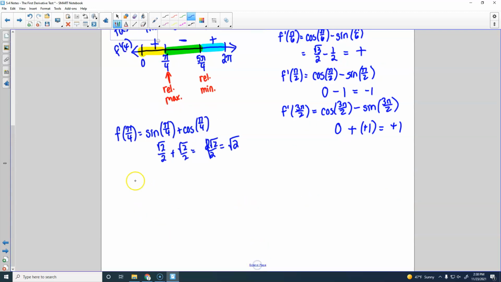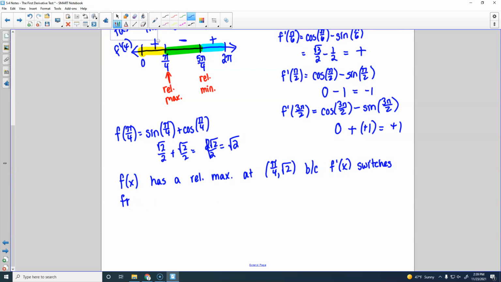So, f of x has a relative maximum at pi over 4, square root of 2, because f prime of x switches from positive to negative.